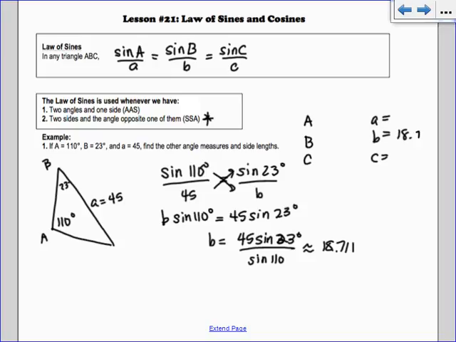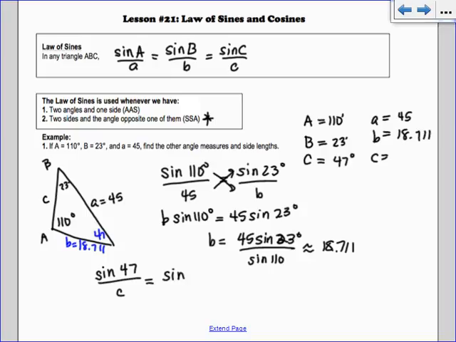This is where I usually set up my ABC. B is 18.711, a was 45, big A was 110, and B was 23. Since the angles add up to 180, angle C has to be 47. The last thing we need is little c, so we set up sine of 47 over c equals sine of 110 over 45.